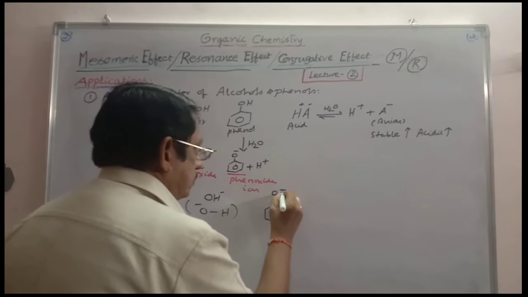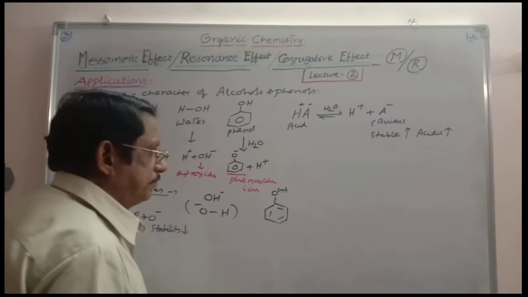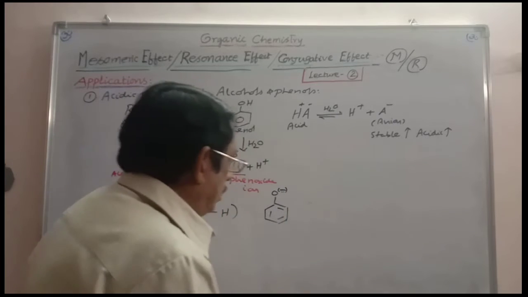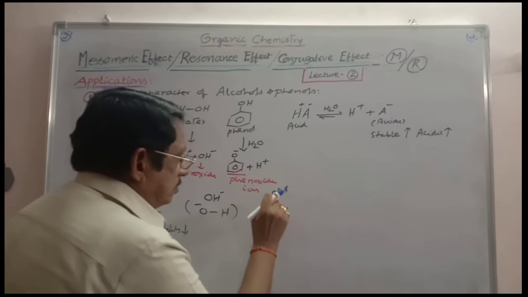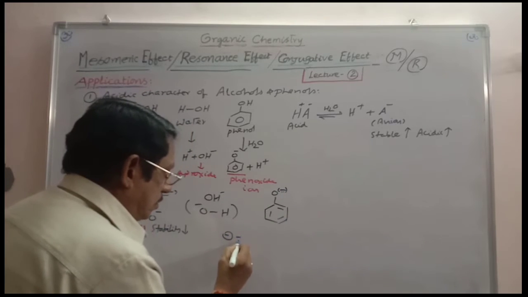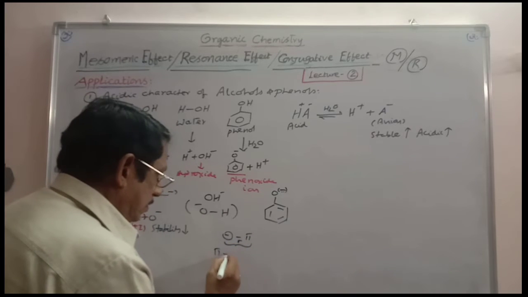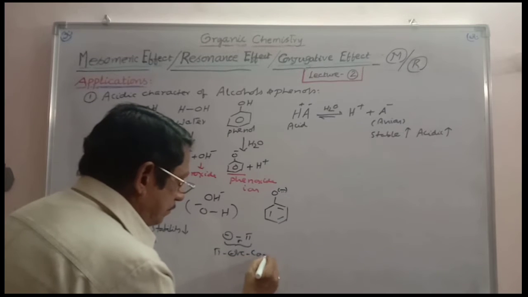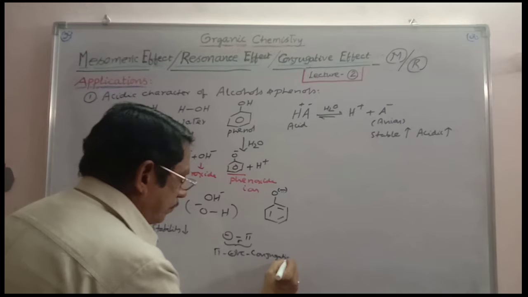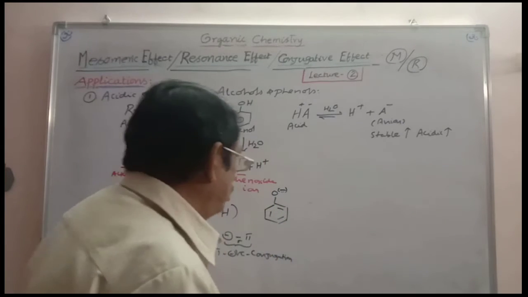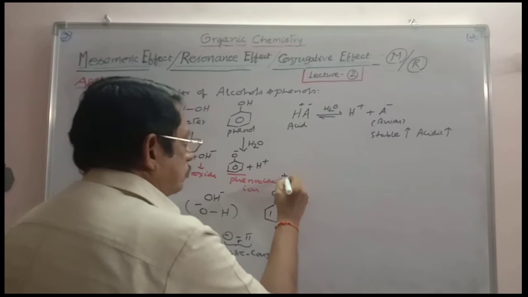In the case of the phenoxide ion, O minus has 2 electrons. This O minus charge is in conjugation with the pi bond: a negative charge, sigma bond and pi bond. Using this, we can bring polarization in the conjugate pi bond, and so this becomes a plus mesomeric effect.